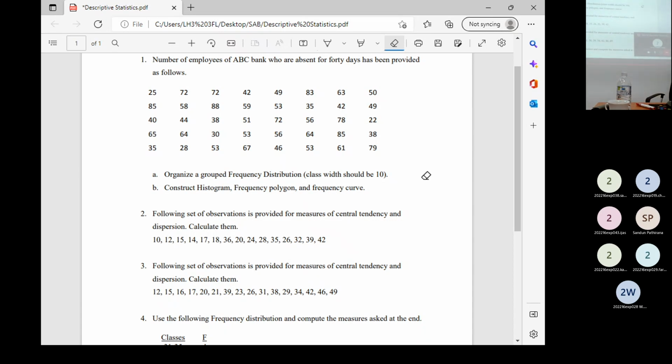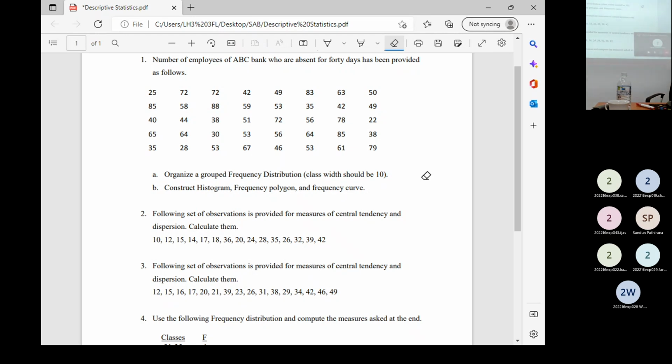Adding 1, 30 to 39, 40 to 49, 50 to 59, 60 to 69, 70 to 79, 80 to 89. Maximum 88, is enough. Then take tally. After that, we take finally frequency F. F is the frequency. This is my tally table.